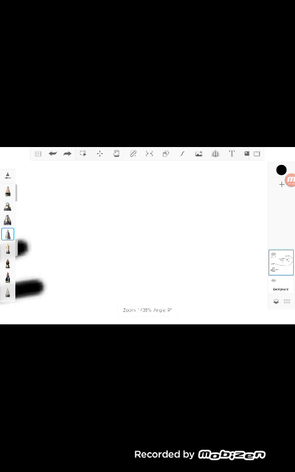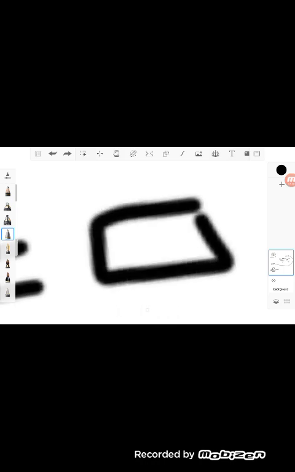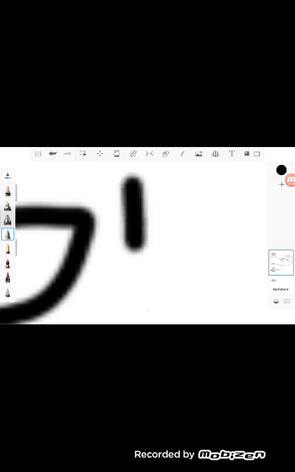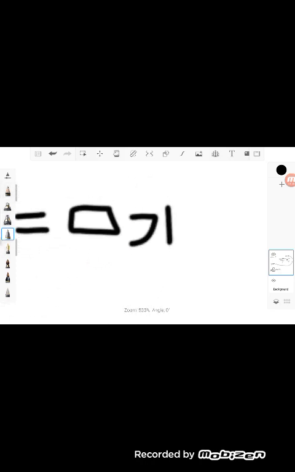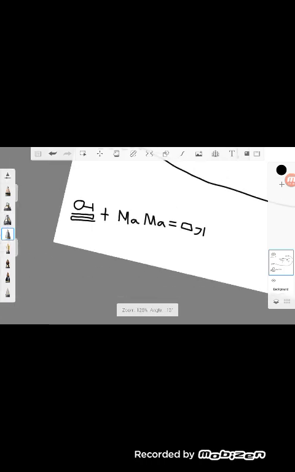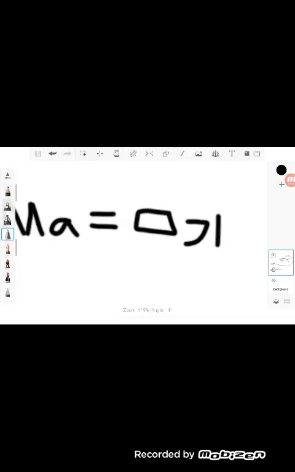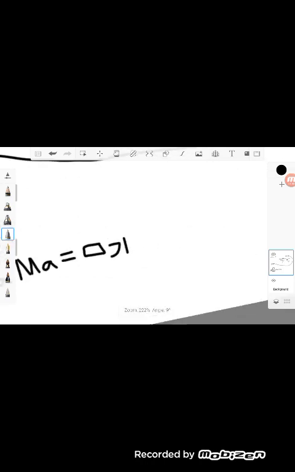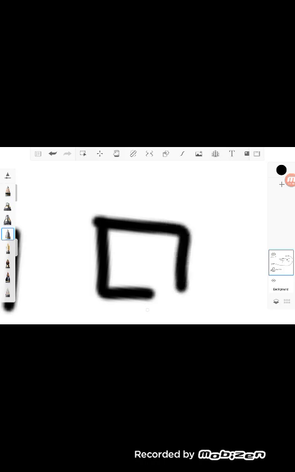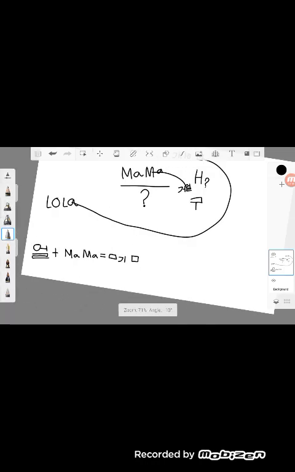You have to start with a rectangle like this and put a number 7 like this and put a line on the right of the 7. It's ganggul. But this is wrong. I will put a square on the right of the Korean word.